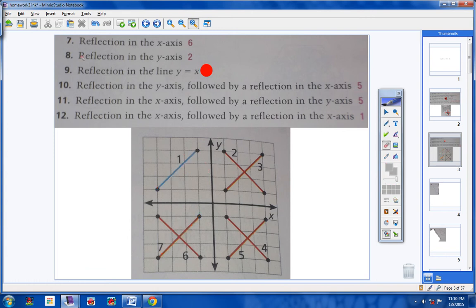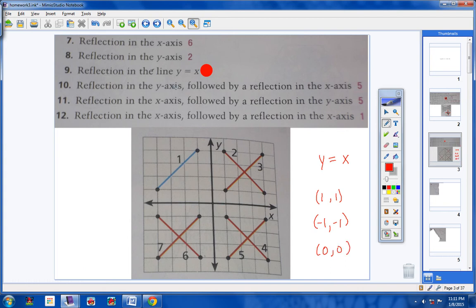Now, this number 9 is very interesting. Notice it says reflection in the line y equals x. Now students, the line y equals x means this. If you were to put 1 in for x, you would get 1 out for y. If you were to put -1 in for x, you would get -1 out for y. If you were to put 0 in, you get out 0, so on and so forth.